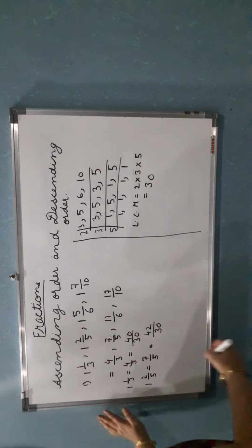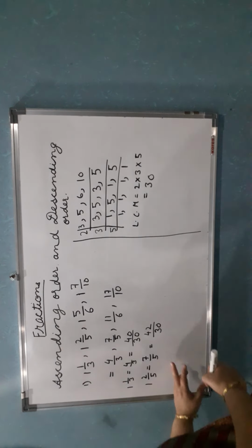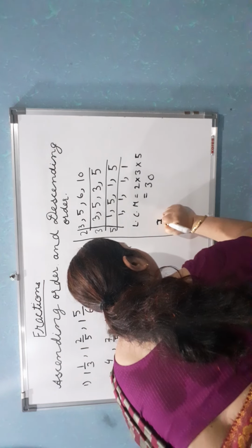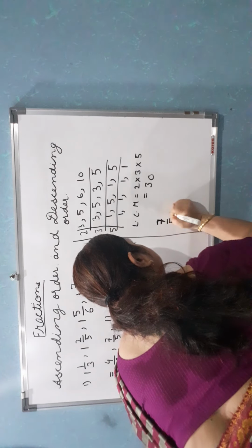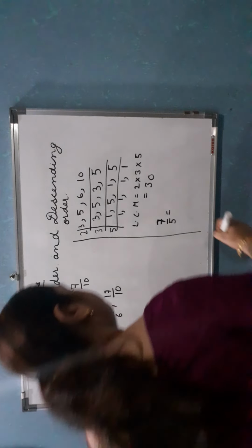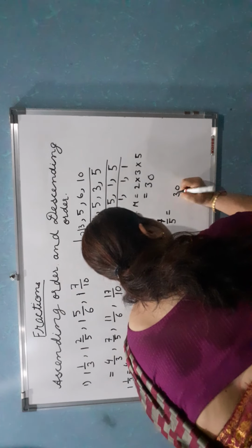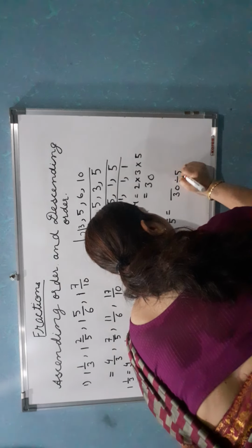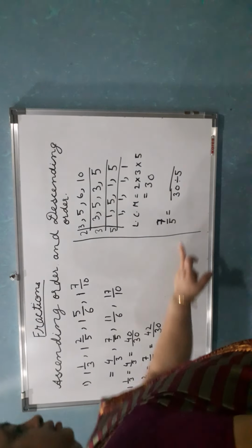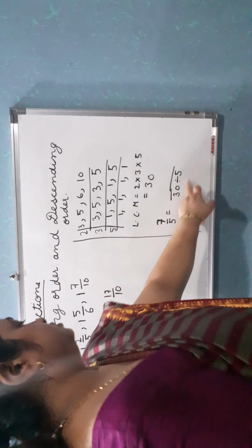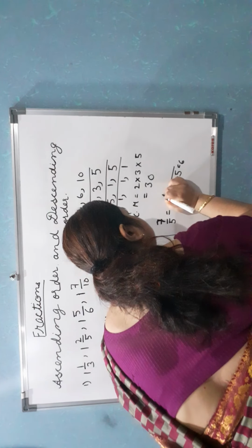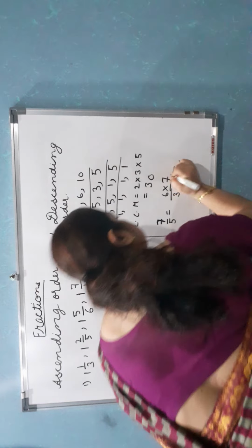Okay. If you are not understanding, let me explain. This 7 by 5. Here what we do, take the LCM. 30 is the LCM. You first divide by 5. Then how much will you get? 6. The answer is 6. So this 6 into 7.